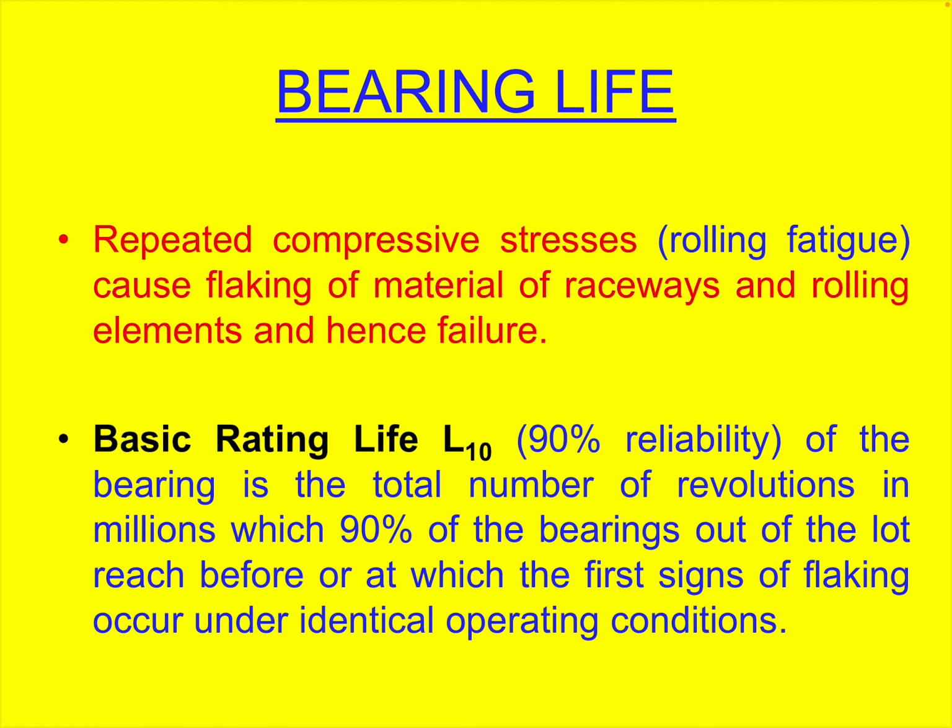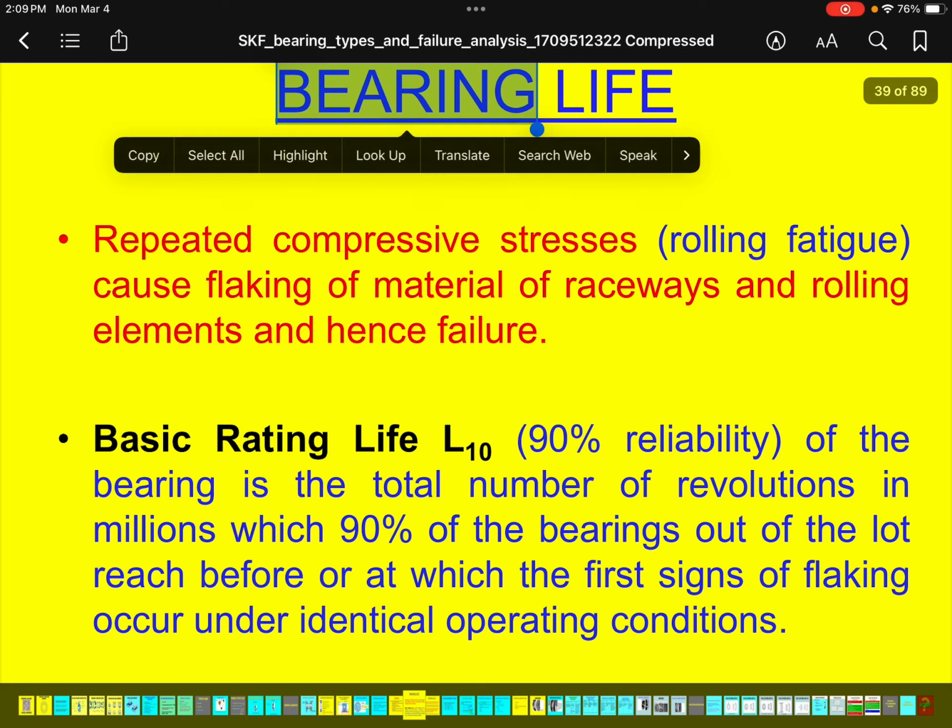Repeated stresses on the rolling elements first affect the material and cause failures. Basic rating life is at 90% reliability of the bearing, the total number of revolutions of each bearing.